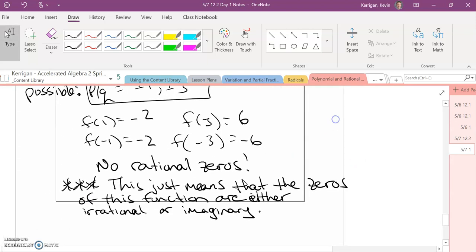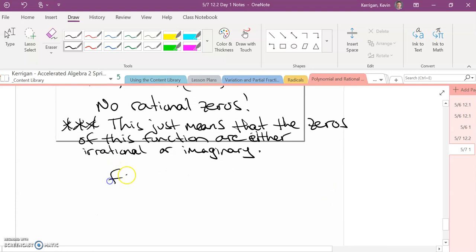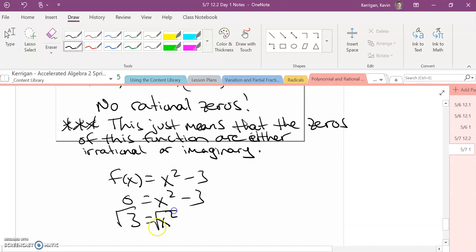If I go ahead and solve that, we should know how to do this. I had f of x equals x squared minus 3. If I set this equal to 0, 0 equals x squared minus 3, I can easily solve by adding 3 to both sides to give me 3 equals x squared. Then taking the square root of both sides, I get x equals, remember, plus or minus the square root of 3.